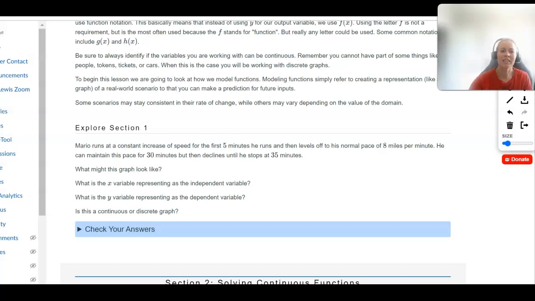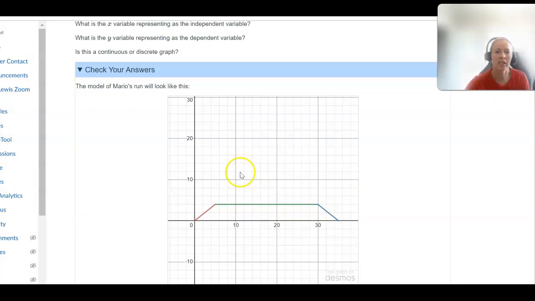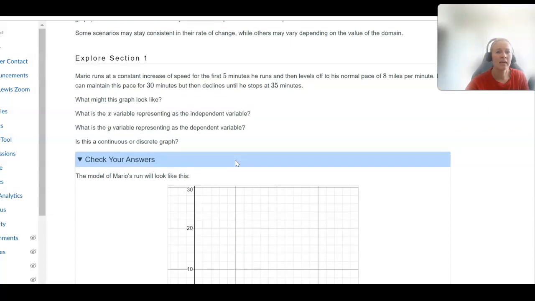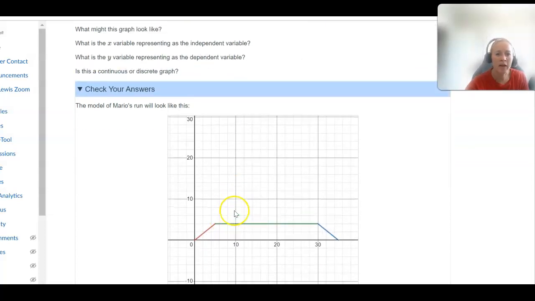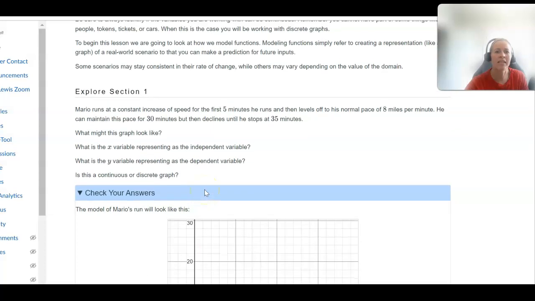Okay, so what do you think this graph is going to look like? Well, I will show you. This is what this graph could look like. He's increasing his speed for the first 5 minutes, so we can see 5 minutes in. The x variable represents minutes, and the y variable represents speed.